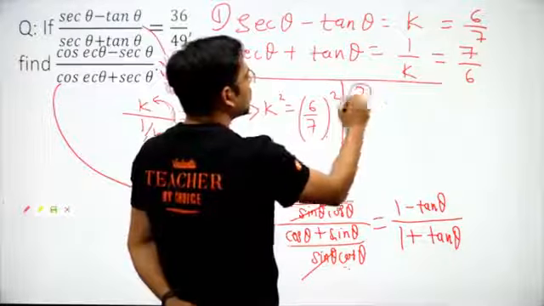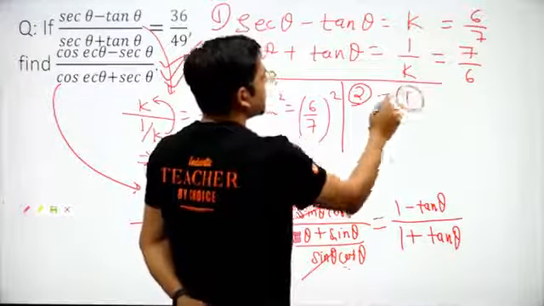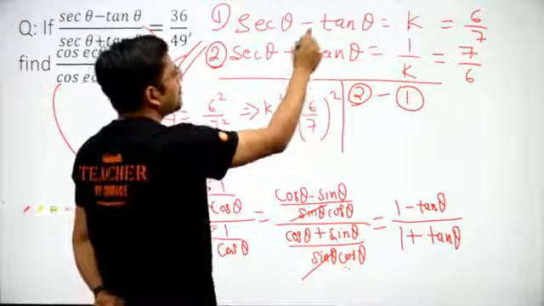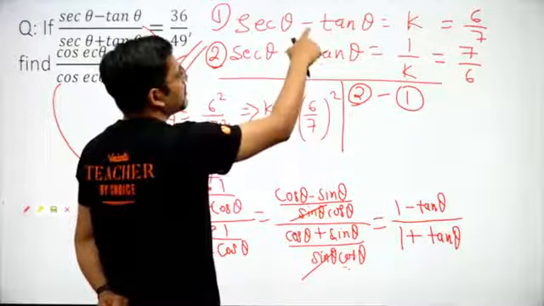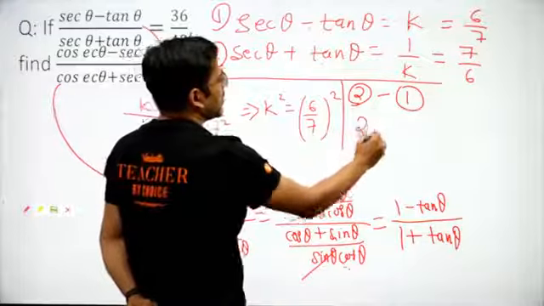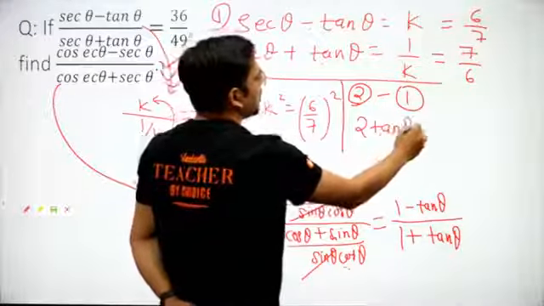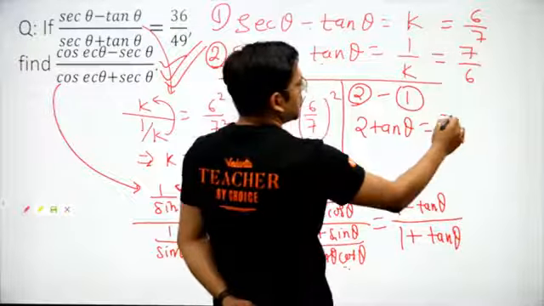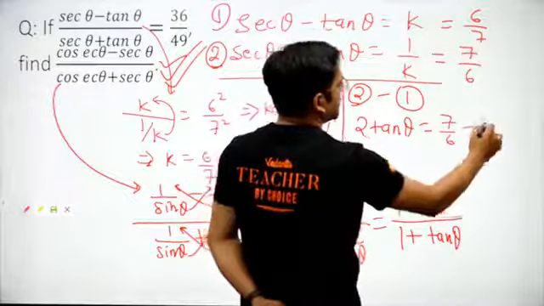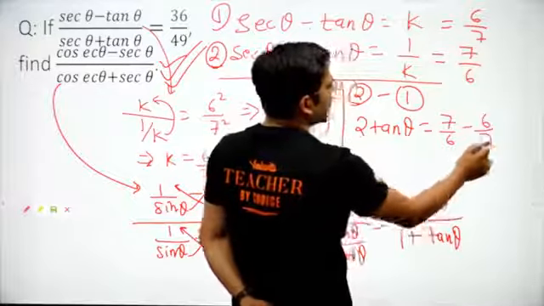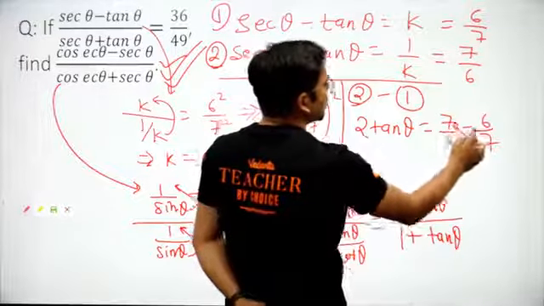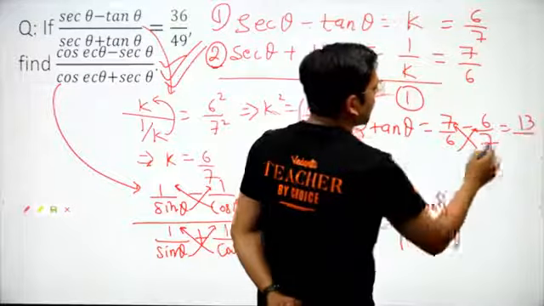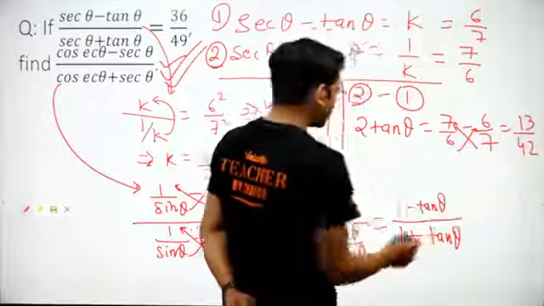What I will have to do is subtract the first equation from the second equation, second minus first. If I subtract second minus first, then this minus will become plus, and it will become 2 tan theta is equal to second minus first, 7 by 6 minus 6 by 7. When you solve it, 7 sevens are 49 minus 36, it will make 13 upon 7 sixes are 42.